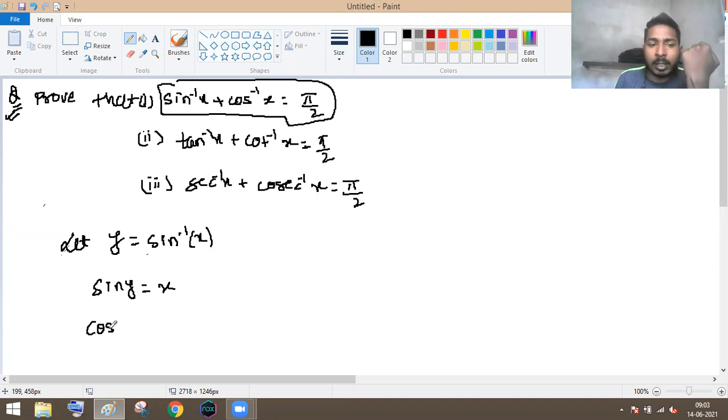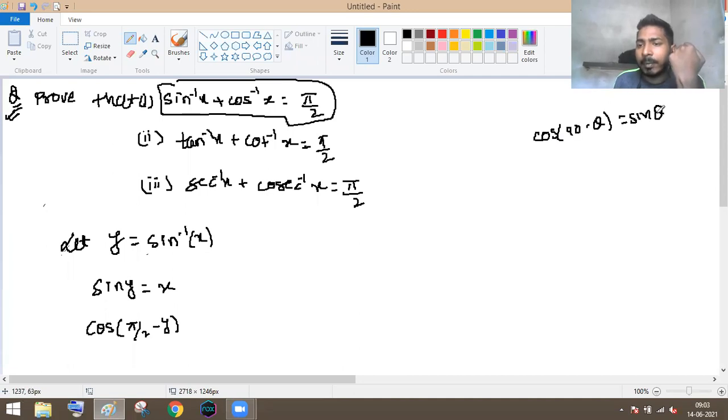So we can say that this is basically cos of pi by 2 minus y. Cos 90 minus theta is what? Sin theta. Yes. So we can write cos of pi by 2 minus y equal to x. Now take this cos that side. So we'll get pi by 2 minus y equal to cos inverse x.